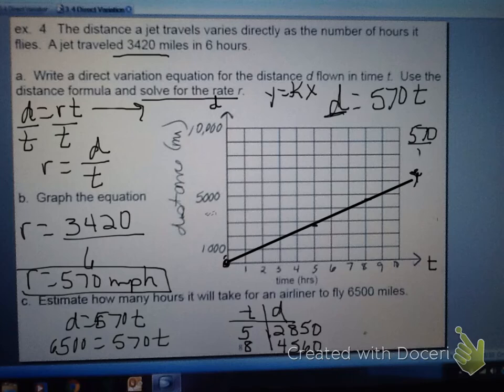So 6,500 divided by 570 is equal to about 11.4. So the time is about 11.4 hours.